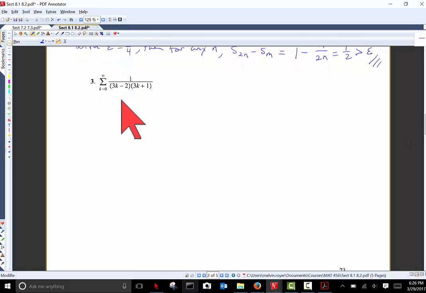Last example of this type is a series that looks like this. And you may remember things like comparison test and so on, and we'll get there in a moment. But let's try another trick on this one, and that is to use partial fractions.